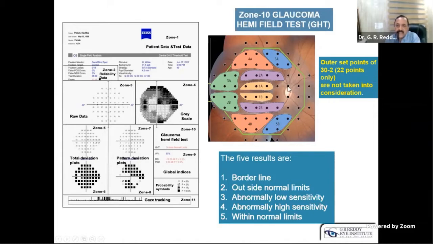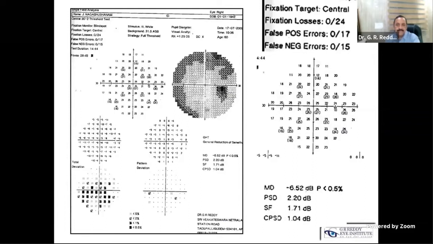The nerve fiber layer defect in OCT gives you the direction of the defect when it is taking a long curve towards the periphery. Then you ask for 30-2. Otherwise, if someone asks why you want 24-2 instead of 30-2, you can explain all these points.